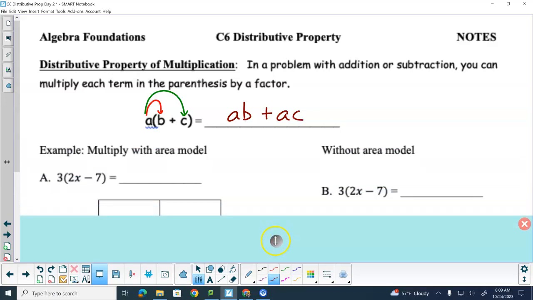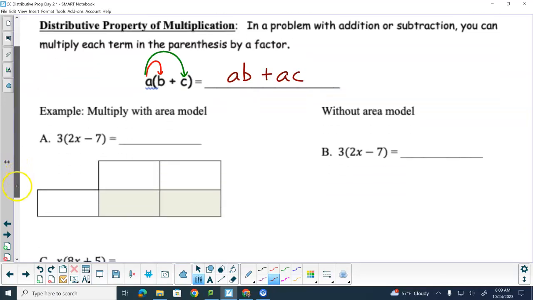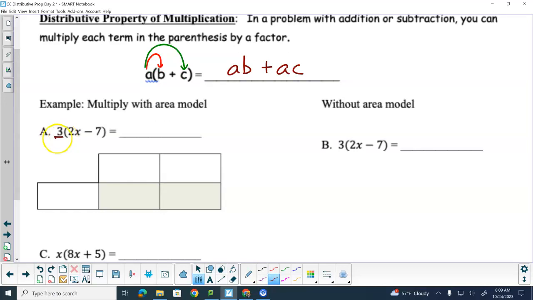All right. Example A and B here are the exact same example. We're just going to do them in two different ways. The first way is using an area model, like what we did yesterday in class. We take this outside number and put it out in front. Then we take this inside first term and put it there, and the inside second term with the sign and put it there.